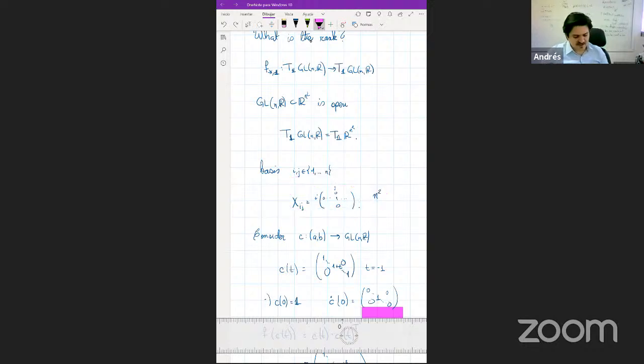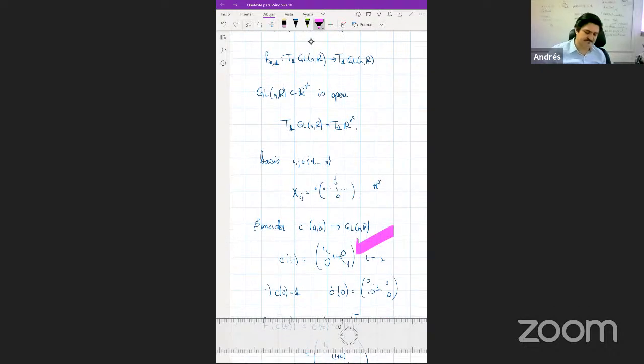And the curve that I'm considering is this one here. Okay, now I don't know why did I put t minus 1 here. Let me erase that. Right, now at t equals 0, I'm at the identity.